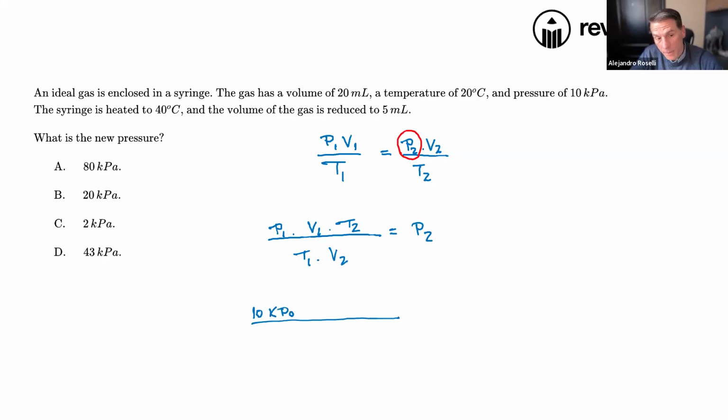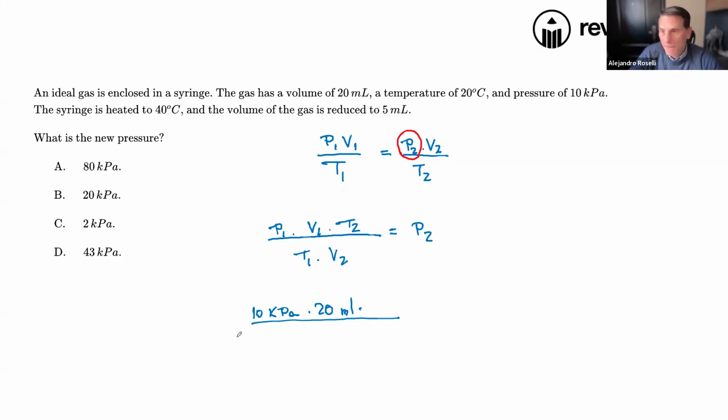That kilo might be written as 10 to the power of 3, but I already spotted that all the options are given to us in kilopascals, so I'm keeping that in kilopascals and not expressing it in its 10 to the power of 3 form. Now, initial volume, 20 milliliters, which is not the typical unit that you will see, but we also have the volume expressed in milliliters in the final state. So those milliliters will get simplified.